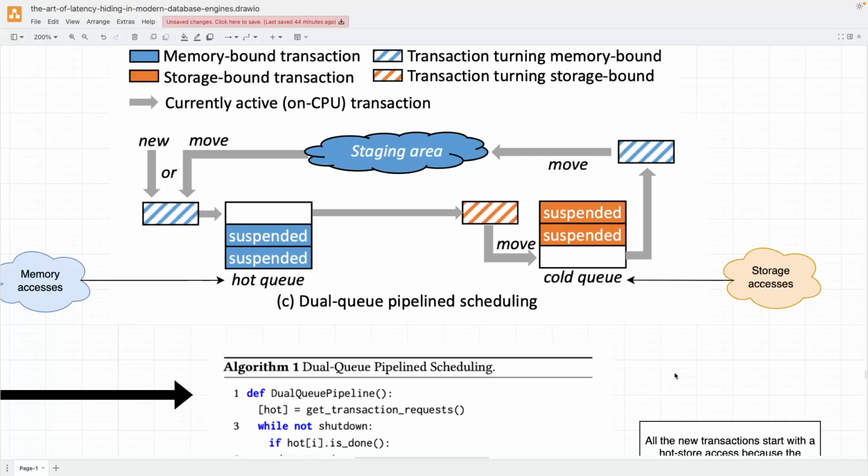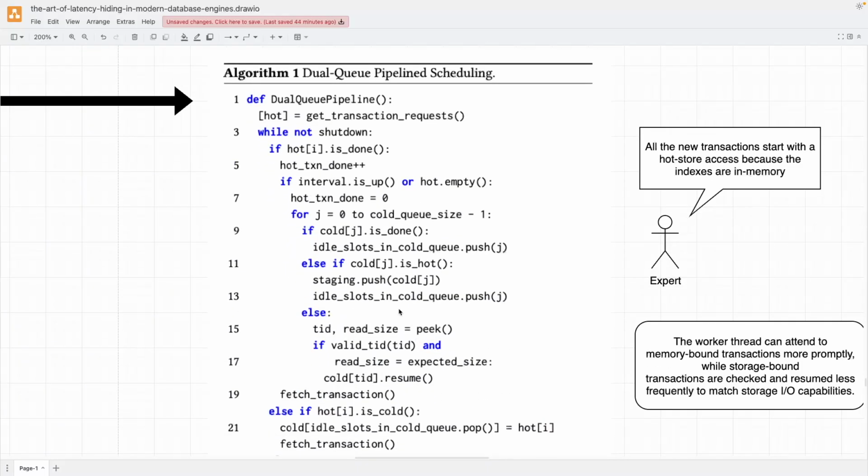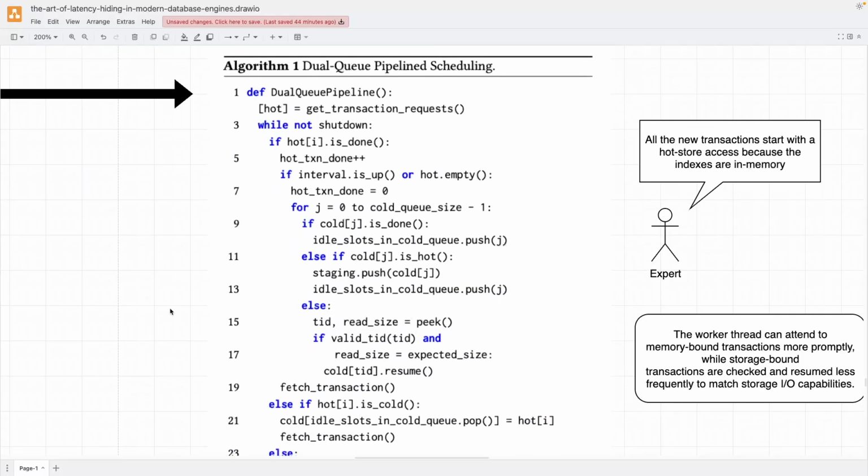So in such cases, your transaction might switch between the two queues, right? Sometimes accessing memory, sometimes accessing storage. And when it switches, you need to move it to the corresponding queue. Simple. As it moves from one type to another, you move it to the corresponding queue so that it can be scheduled accordingly.